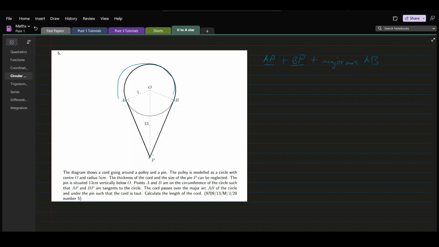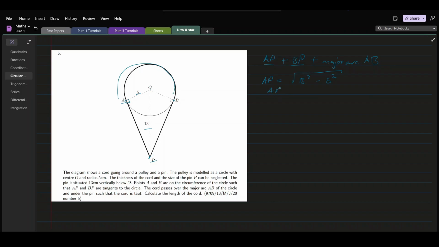And we can tell that the triangle AOP is a right angled triangle over here. So that means we can use SOHCAHTOA to evaluate the length of AP since we know the length of this side and that side. So we can simply say that AP is equal to the square root of the hypotenuse squared minus 5 squared.